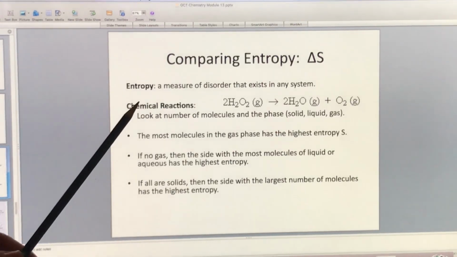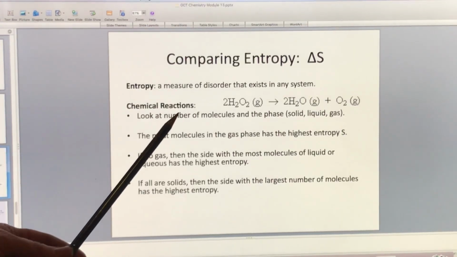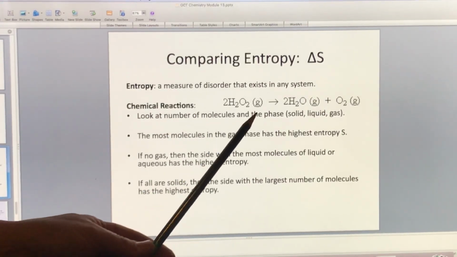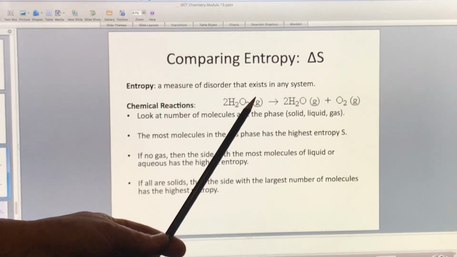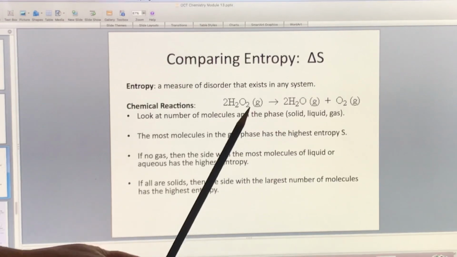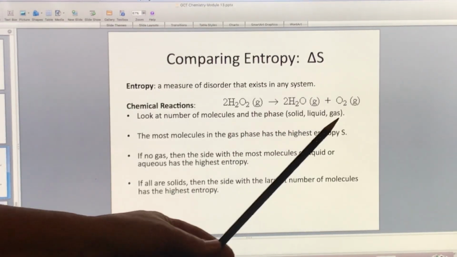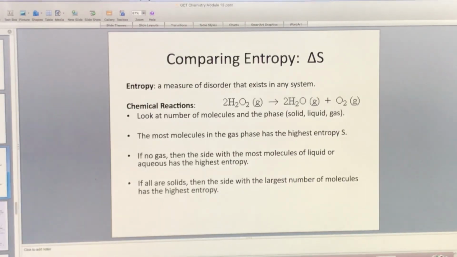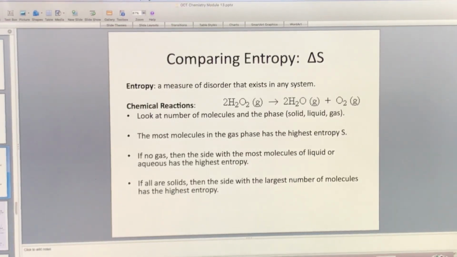So, for example, the first principle is to look at the number of molecules and the phase. So we're looking at these letters here that would indicate whether it's a solid, a liquid, or a gas. And it can also be considered aqueous, which would be an AQ. That's something that's dissolved in water.